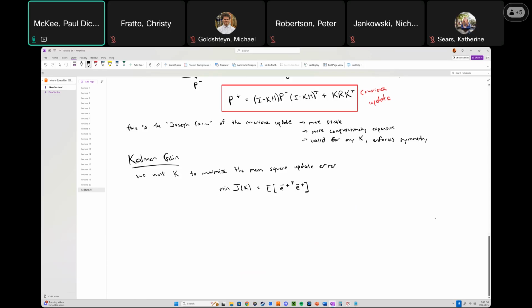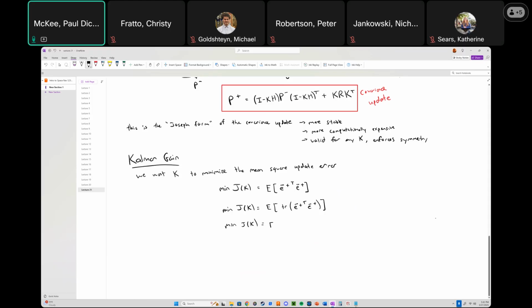Okay, so now one thing we can do, the first of many tricks that you'll see us performing here, is we're going to minimize J of K, which is equal to the expected value of the trace of E plus transpose E plus. Because remember, E plus transpose E plus is a scalar, so you can take the trace of a scalar and it doesn't make a difference. But what's cool is that the trace of a vector times a vector is the same as the trace of a vector times a vector if you swap the order by cyclic permutation.